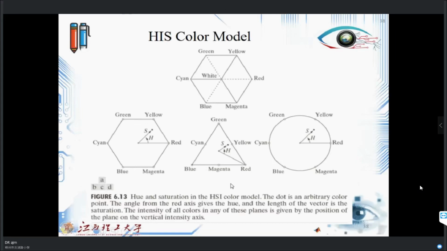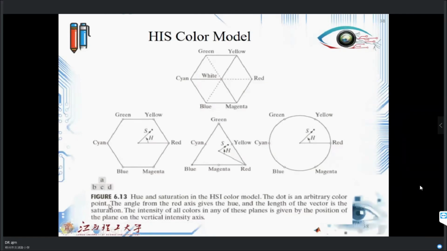Now, what you can see, or the aim of this figure, is that it shows the hue and saturation in HSI, H as the hue, S as the saturation, I as the intensity, and the dot is then our arbitrary color point here.